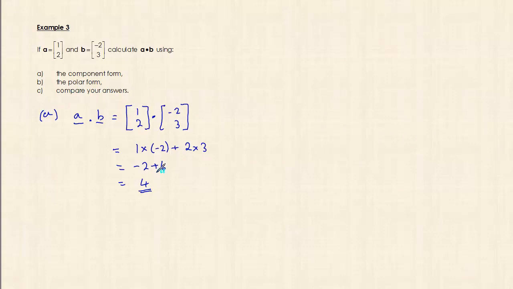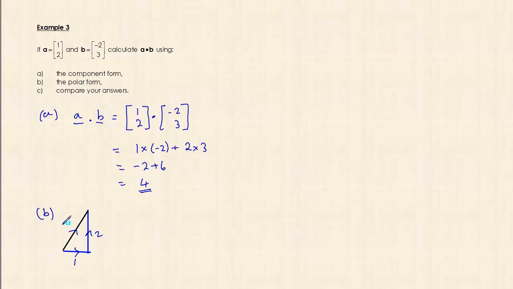We now want to use the polar form, so we need to convert these vectors. So let's start with (1, 2). We know that that's 1 across and 2 up. So the third side of this triangle is the actual vector. So that's 1 and 2.